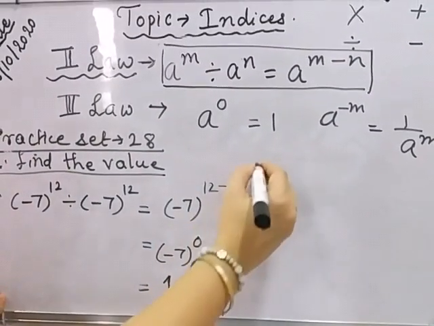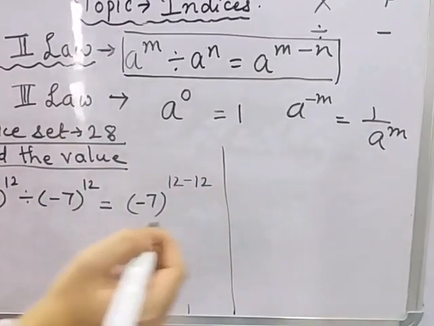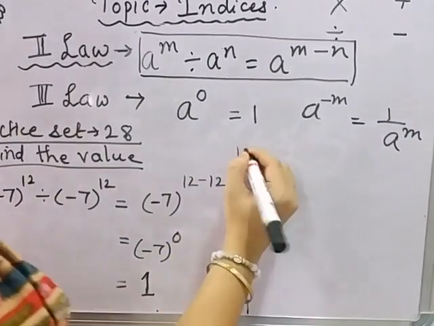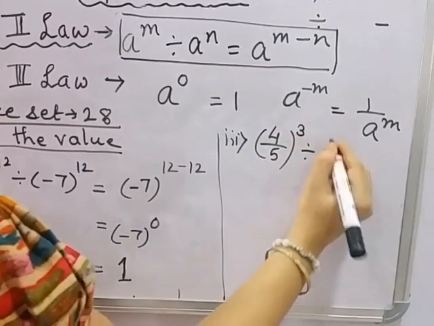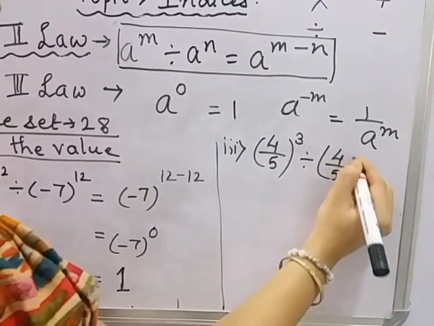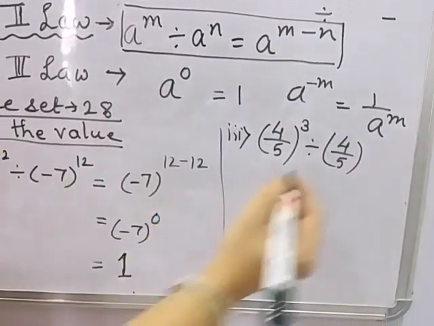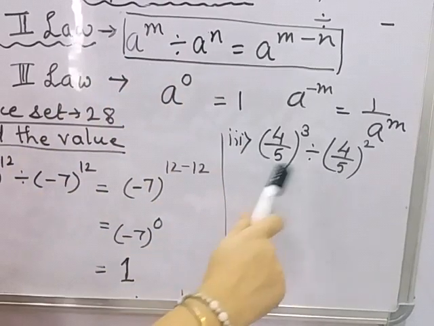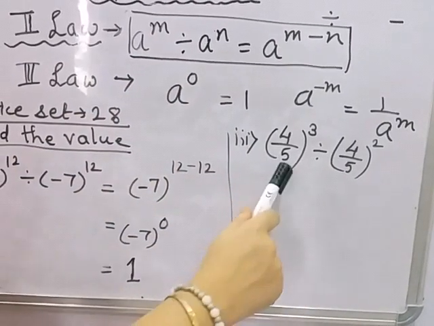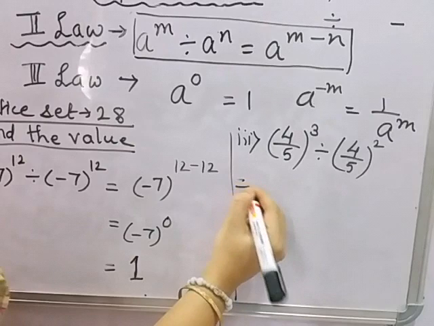Okay student, let's take one more question from this practice set. Let's take the third one. Let's use the law of indices. Check that the bases are the same. Here the base is the same, indices are different.